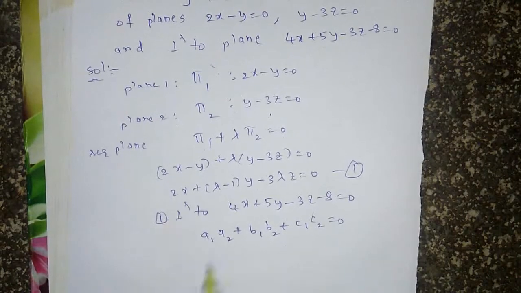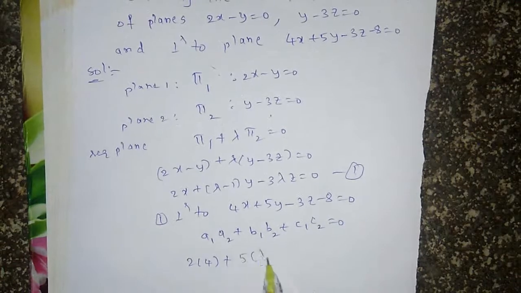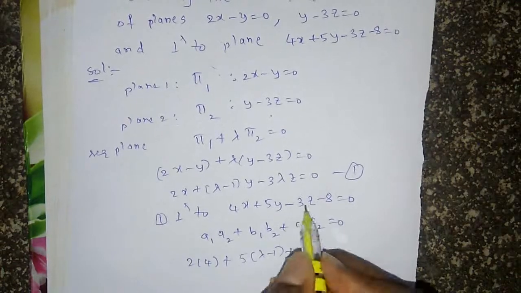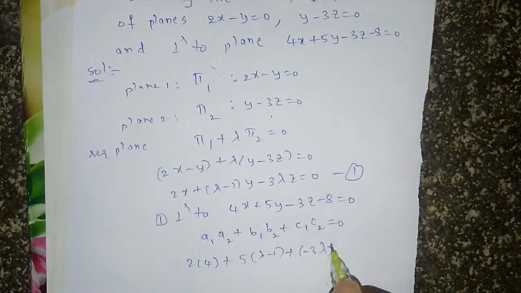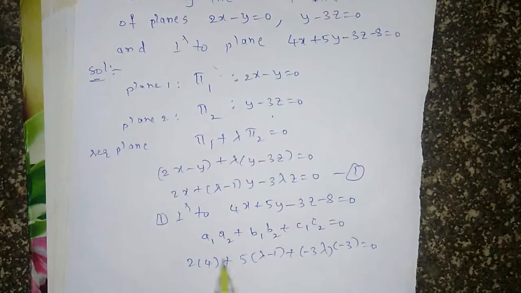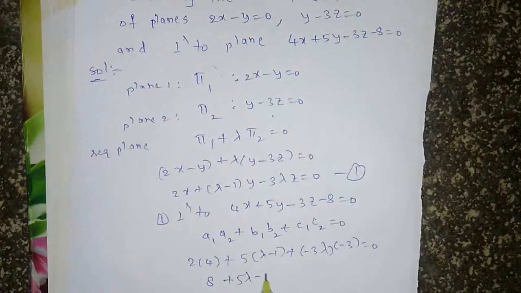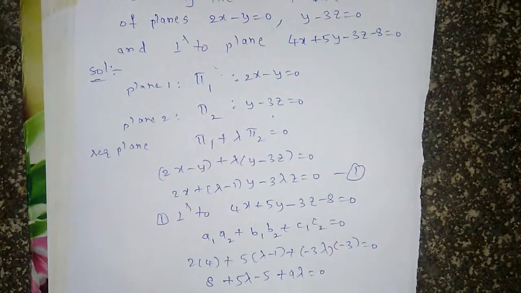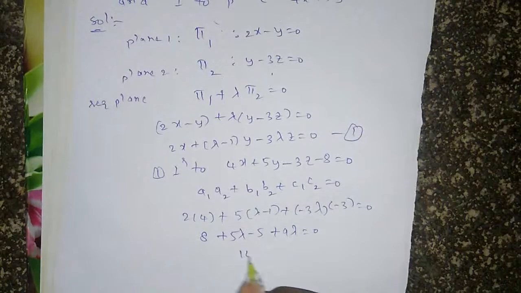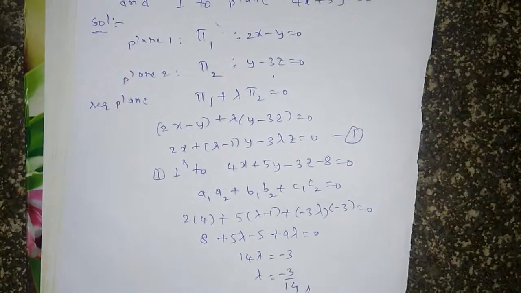Apply the condition here: 2 into 4 plus lambda minus 1 into 5 plus minus 3 lambda into, here c2 is minus 3. These are the drs of the planes. This is 8 plus 5 lambda minus 5, plus 9 lambda is equal to 0. This is 14 lambda is equal to minus 3, lambda is equal to minus 3 by 14.